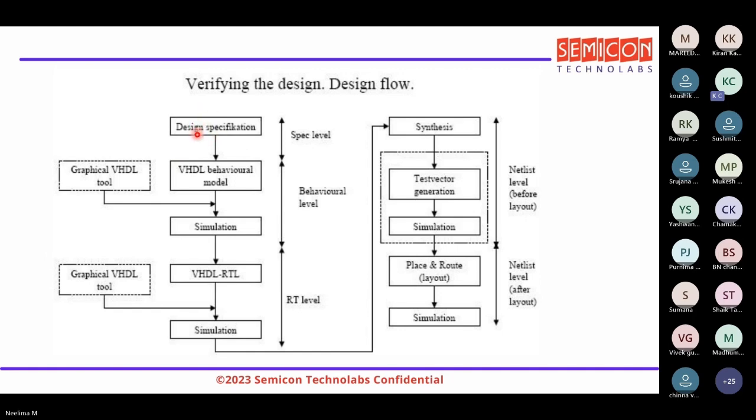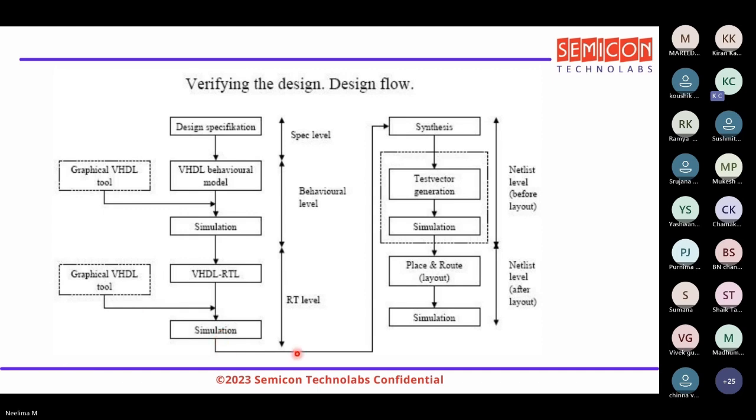This specification is converted into a VHDL behavioral model, and then we need to make sure through simulations that this behavioral model is meeting the specification requirement. If the behavioral level simulations are passing, then we go for VHDL RTL, where again we do simulations.